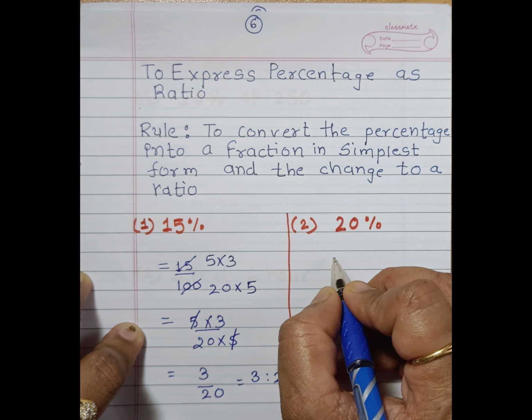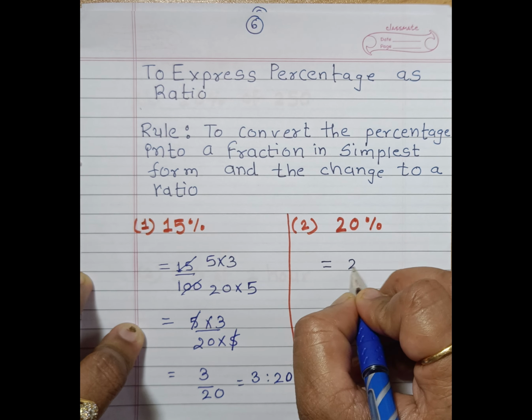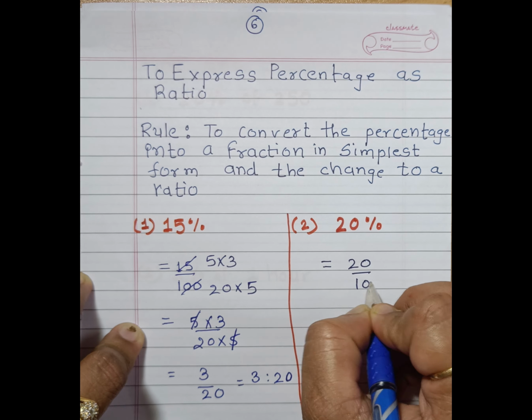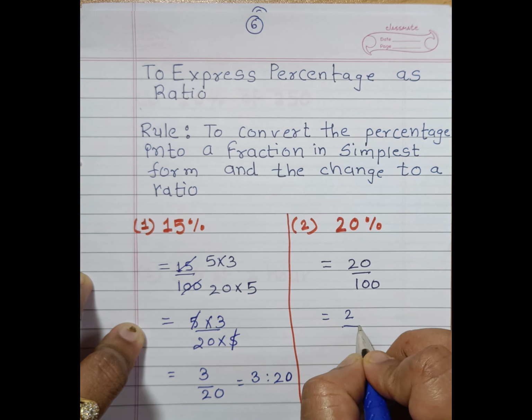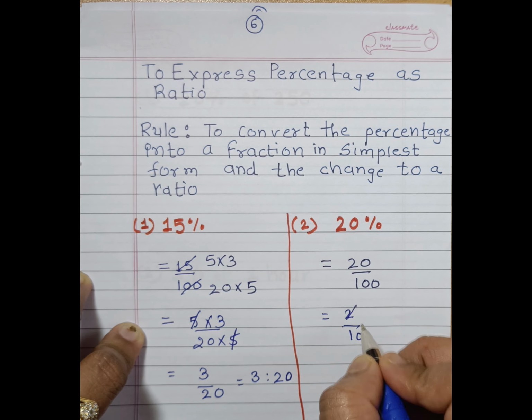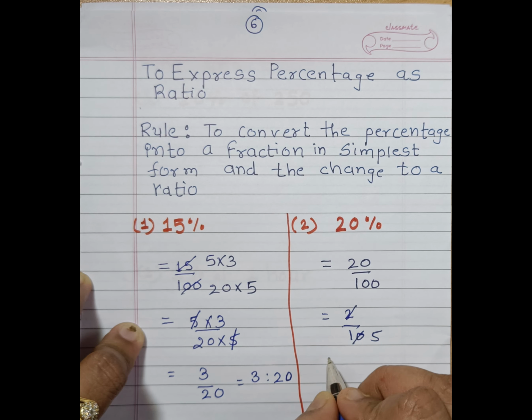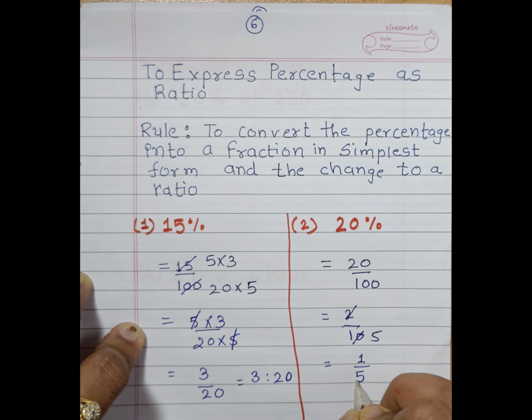Now 20 percentage is equal to 20 divided by 100, which is equal to 2 by 10. Now 2 fives are 10, so it is equal to 1 by 5, which is equal to 1 is to 5, which is our ratio form.